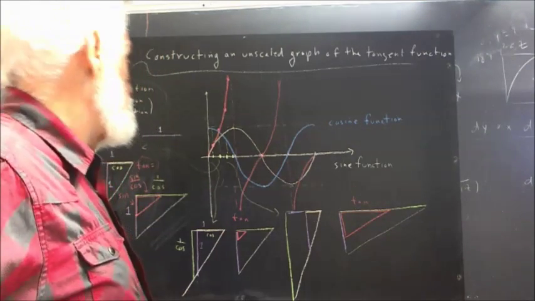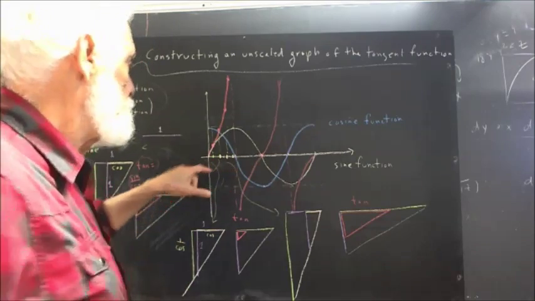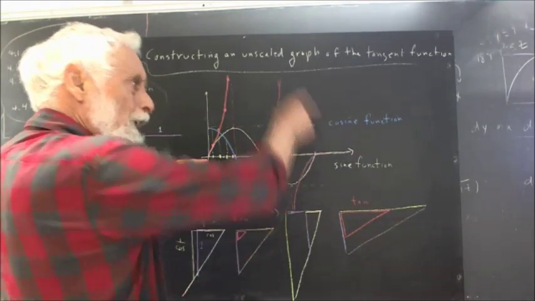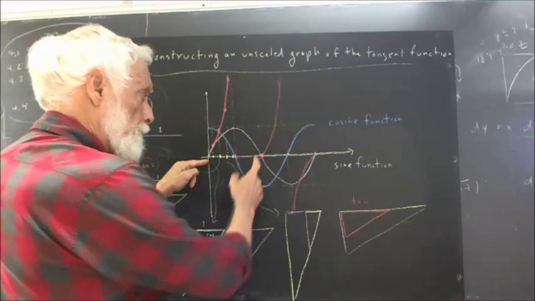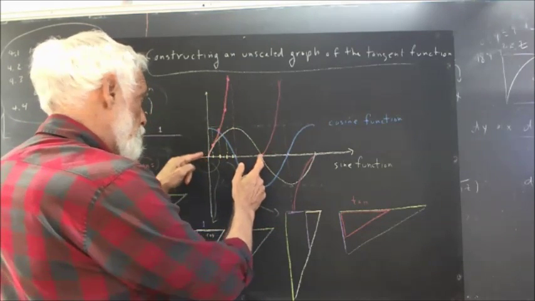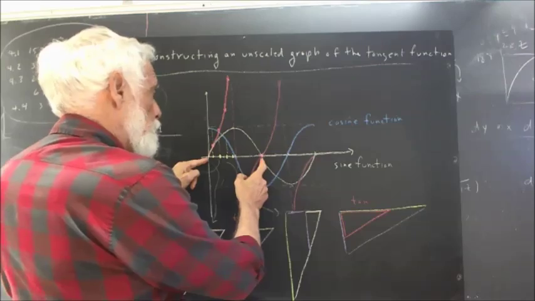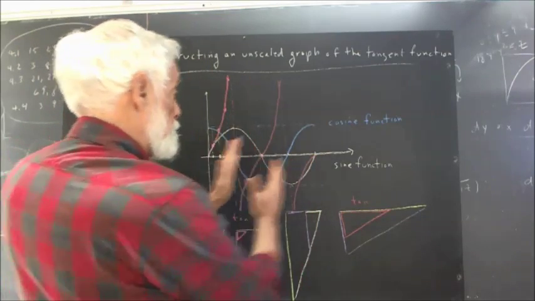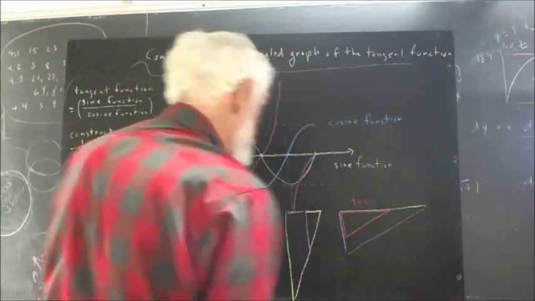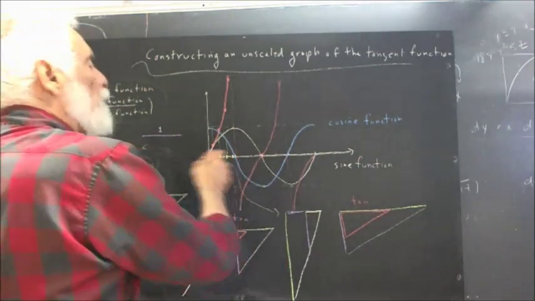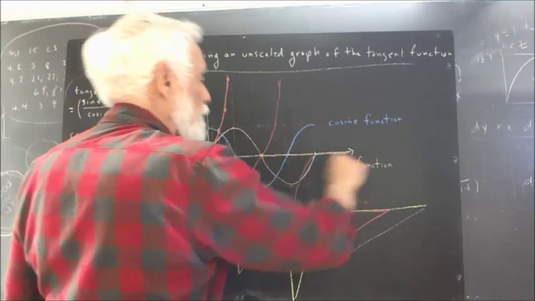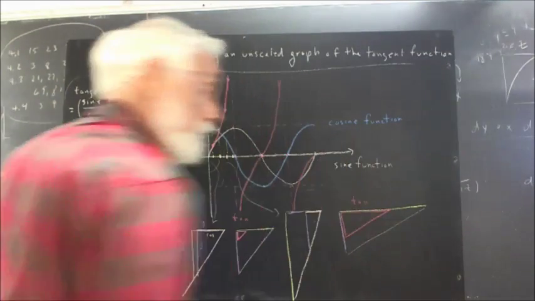You also see that the tangent function begins repeating at the point that corresponds to only half a cycle around the reference circle. So the tangent function will repeat, because everything from here to here repeats from here to here. It will repeat with half the period, half the cycle length of a sine or a cosine function.